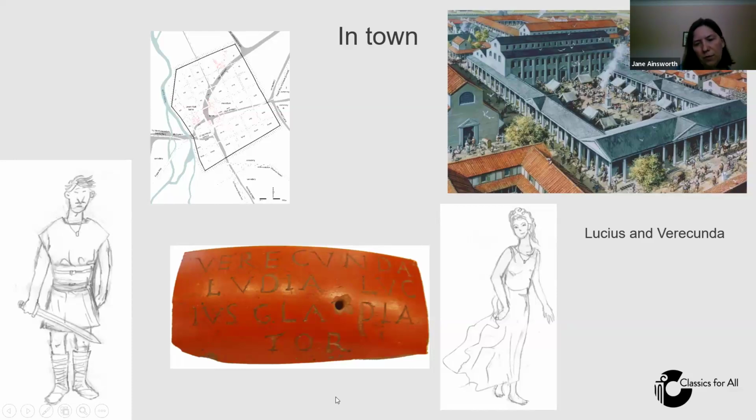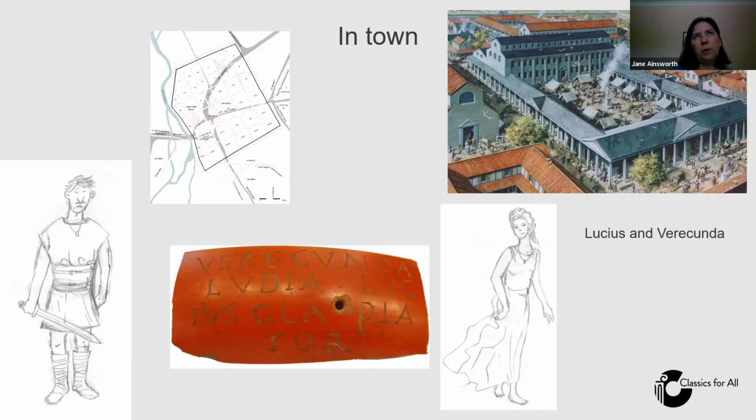And on the face of it, what we've got here is a love token, the equivalent of a love lock, which these two characters would have worn to show that they were in a relationship.